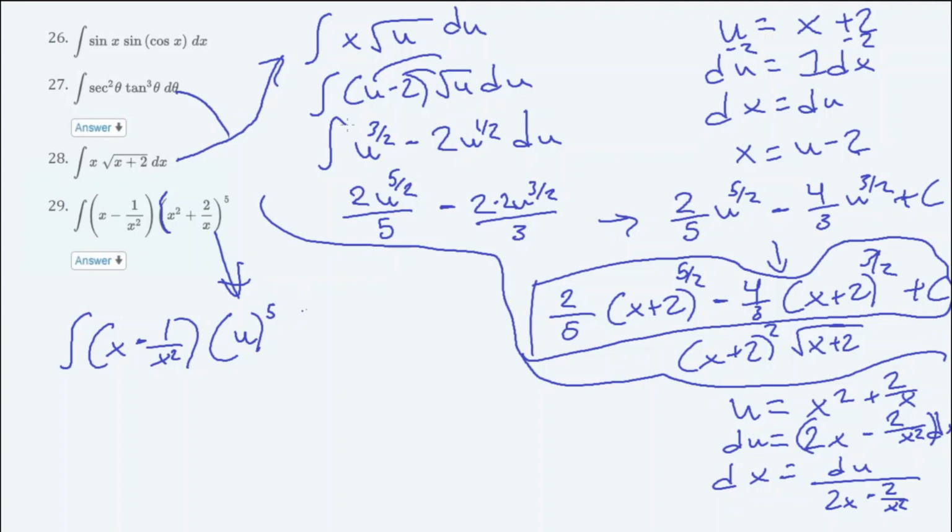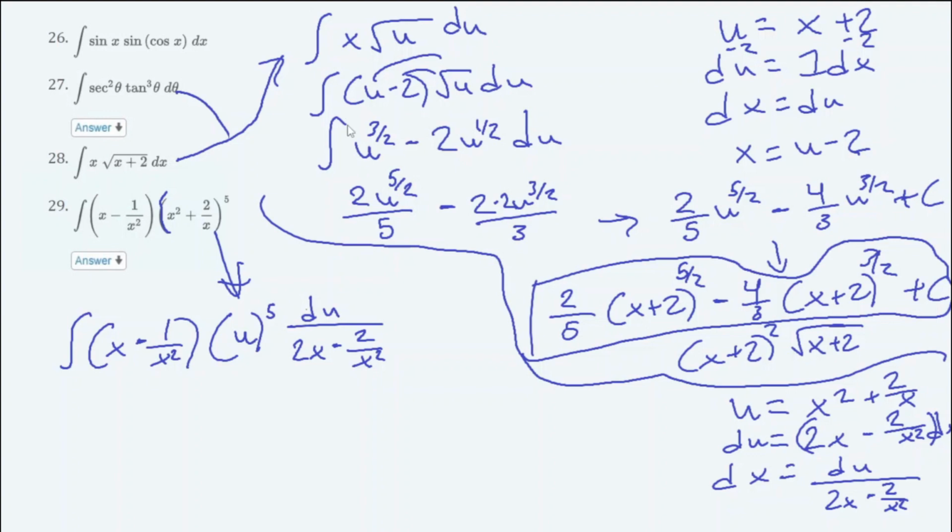And we plug in dx, so it's going to be du over 2x minus 2 over x squared. So now that we've plugged in everything, we're left with this kind of thing going on here.